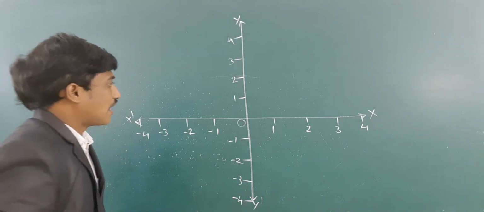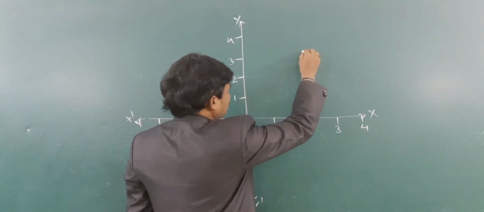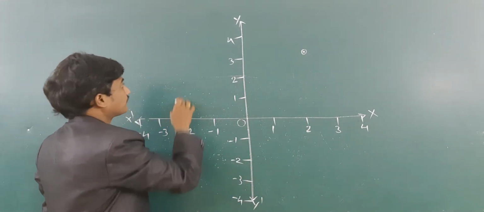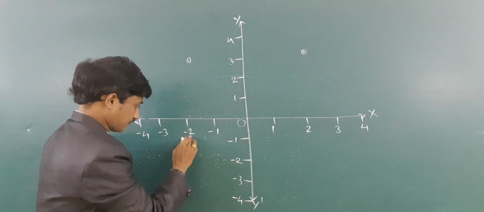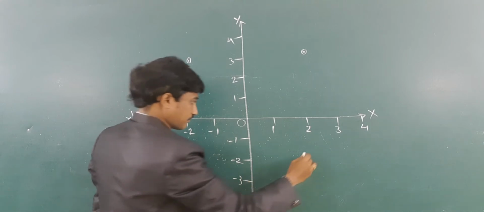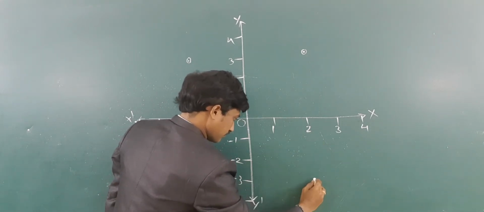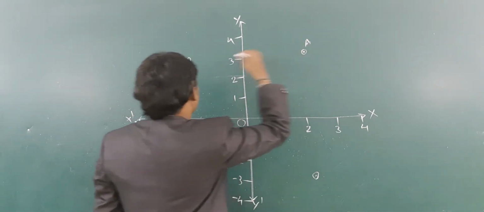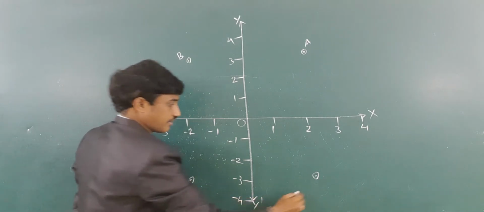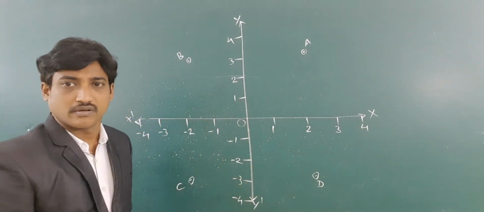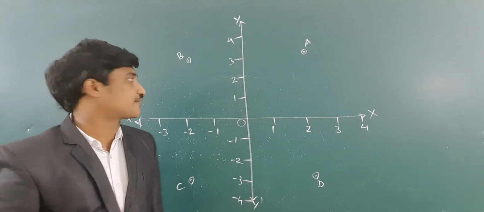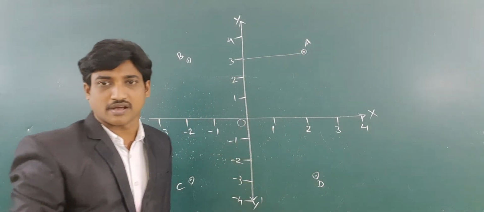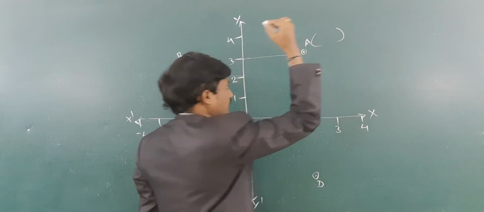Now I am taking some points in different quadrants, namely A, B, C and D. We know the perpendicular distance from the y-axis to a point is called the x coordinate.